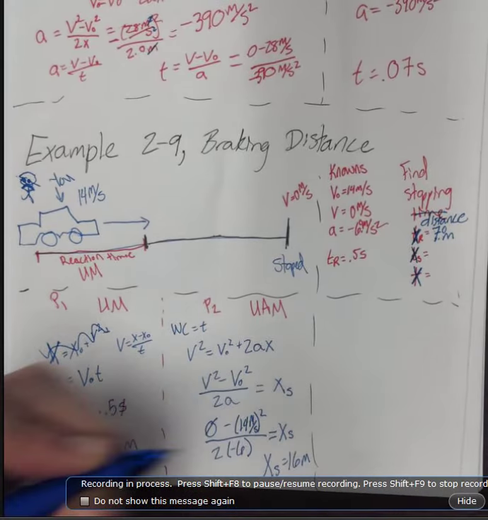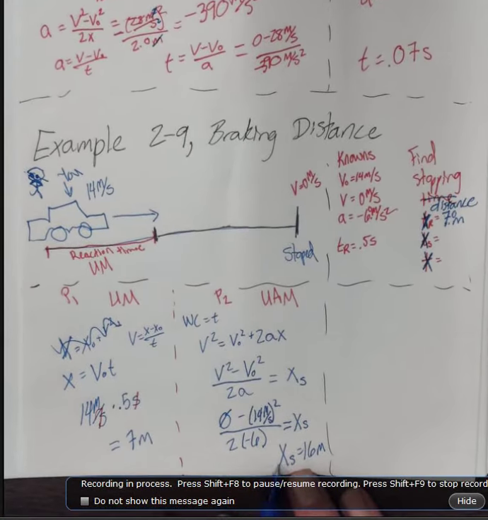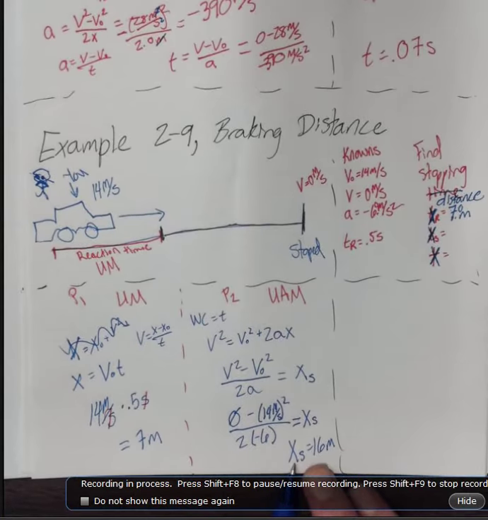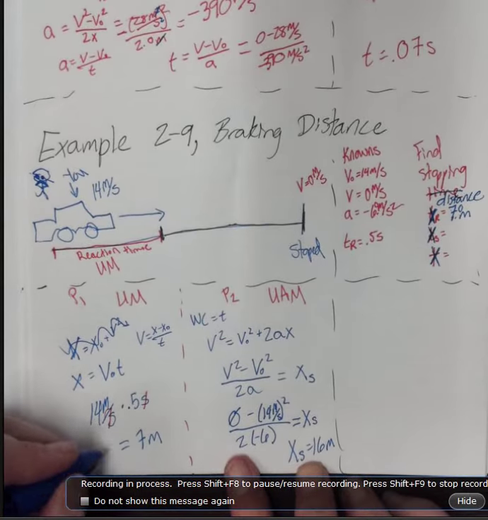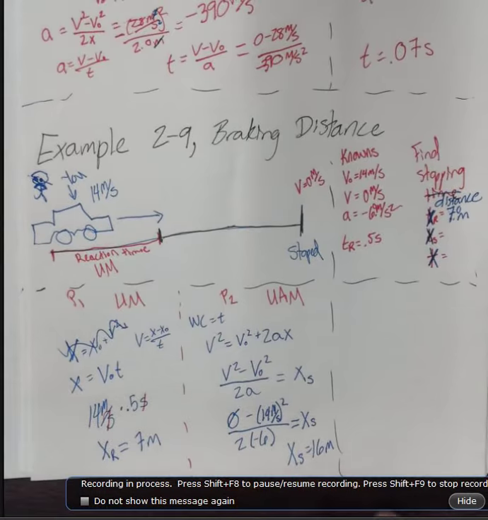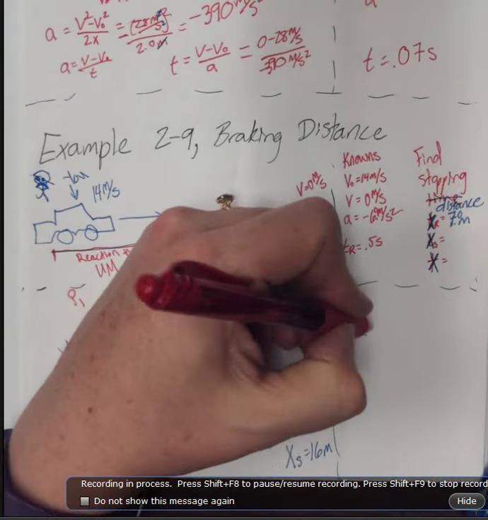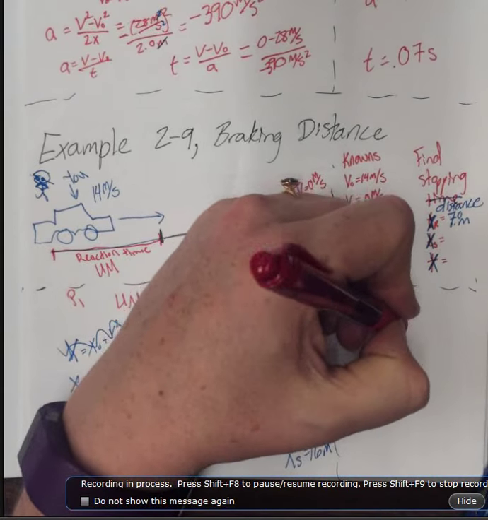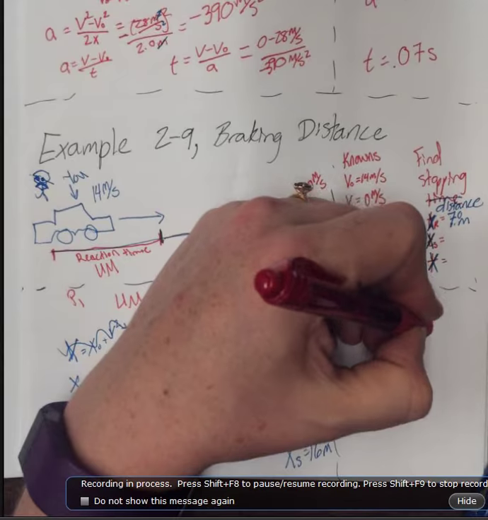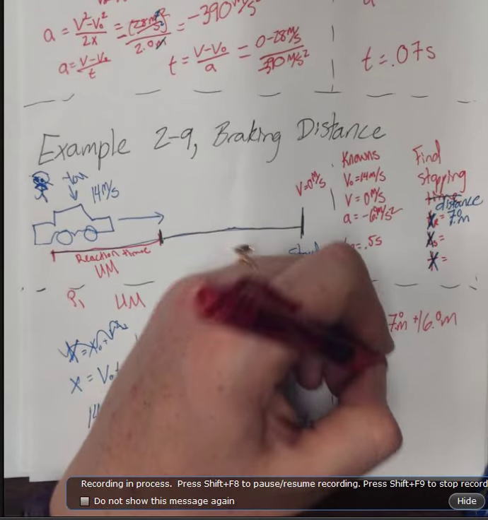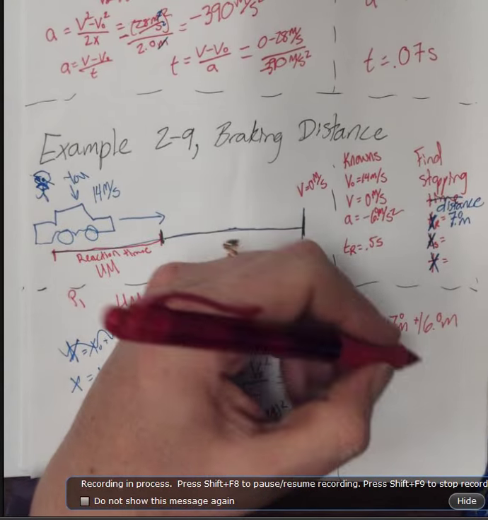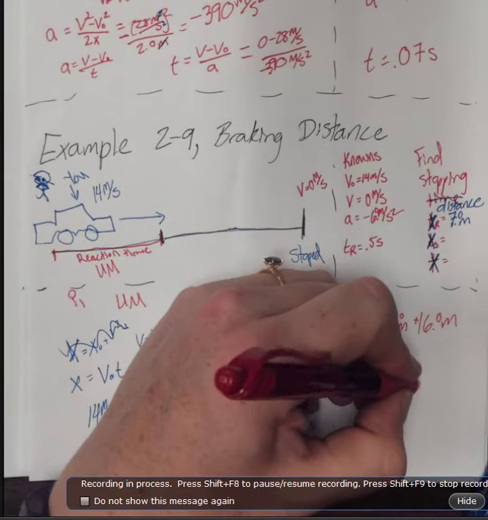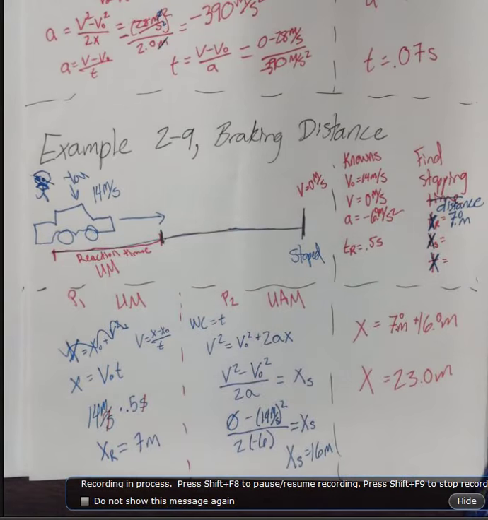So the amount of displacement we have while we're stopping is 16 meters. The displacement before we were able to react was 7 meters, so our overall position is the 7 meters before we reacted plus the 16 meters once we were braking, which gives us an overall position of 23 meters.